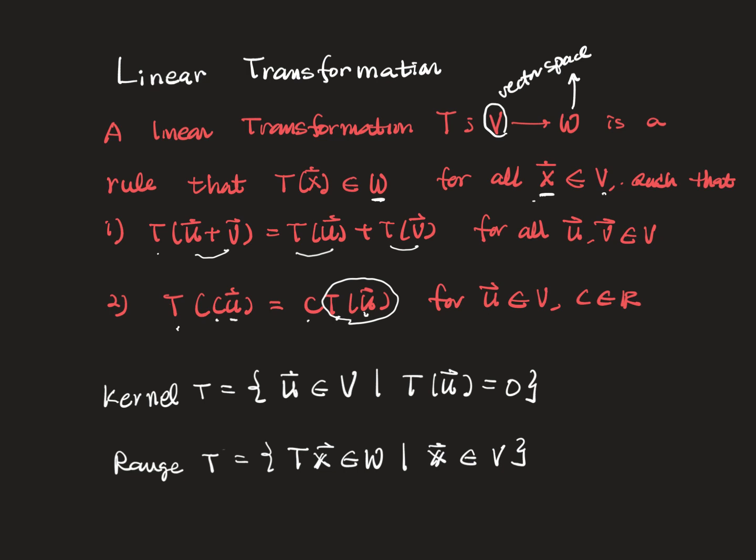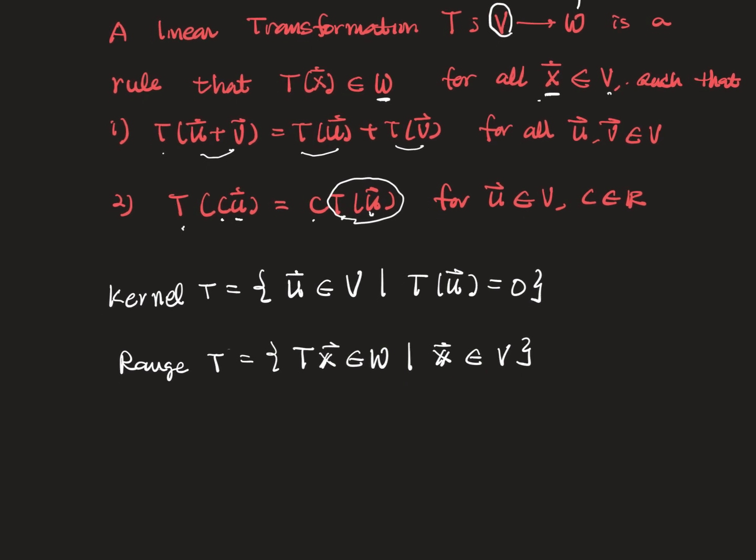Okay, based on the linear transformation, you're going to find two subspaces. The first one is the kernel of T. Guys, the definition of the kernel of T is that we find the vectors U in the V vector space such that T of U is the zero vector.